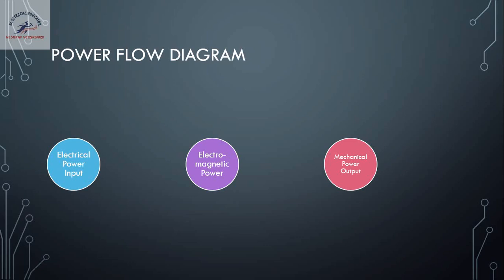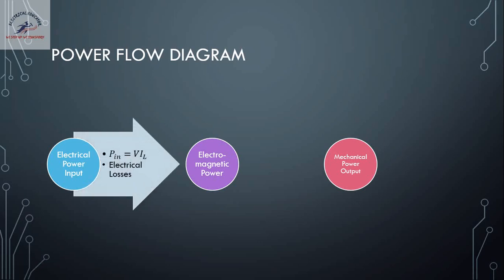First, the electrical power is given to the terminals of the motor via conductor. Here the input power is given by the expression P in is equal to V into IL, where IL is called the line current, the current which is drawn from the supply. Once this current is fed to the windings of the motor, the electrical losses occur first.